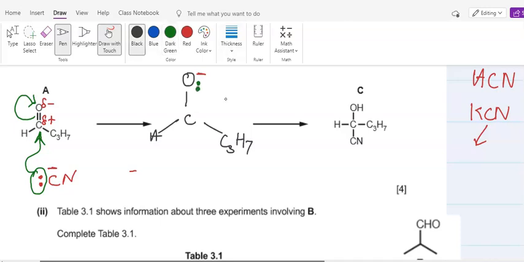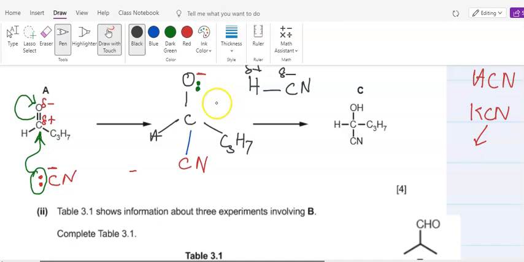And here comes the bond which is formed by CN. We need to represent it, CN attached here. Now a new molecule, HCN, comes here. This is partially positive, this is partially negative.